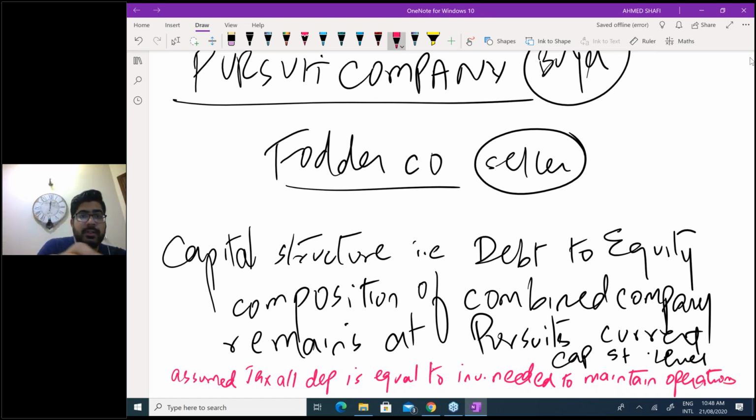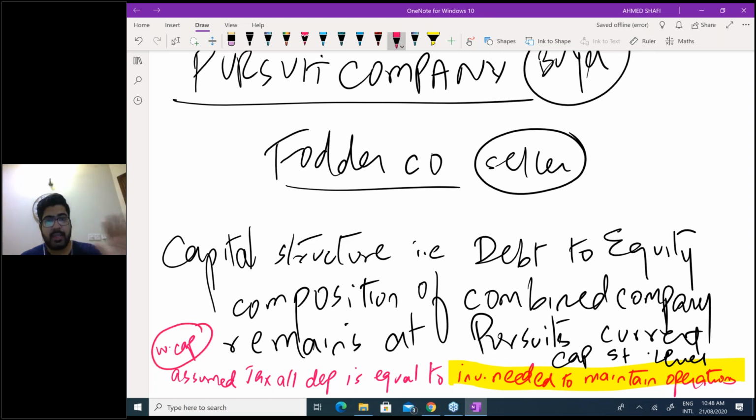Now remember this thing, investment needed to maintain operations is basically working capital. So the question is asking you to assume that its tax allowable depreciation is equal to amount of investment needed to maintain operations. That means its tax allowable depreciation is equivalent to working capital.